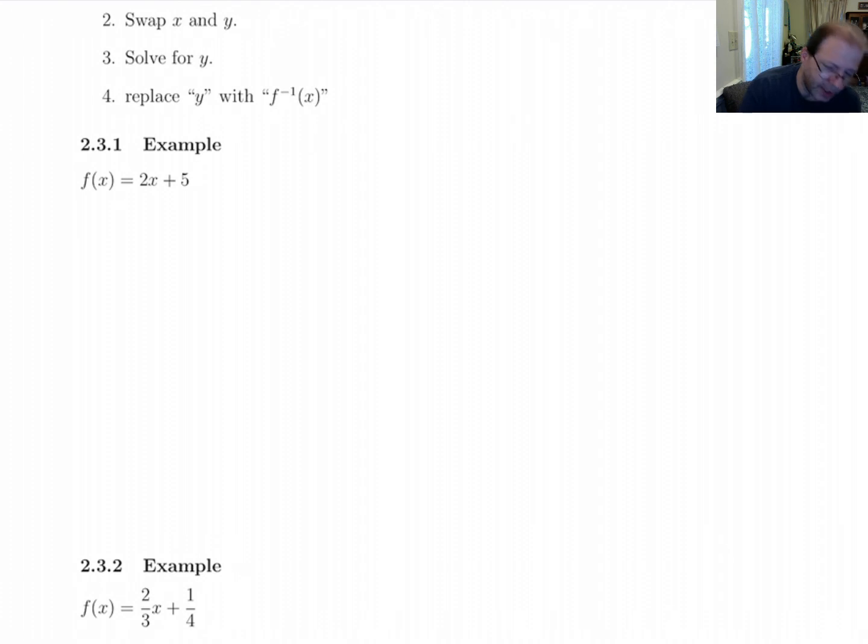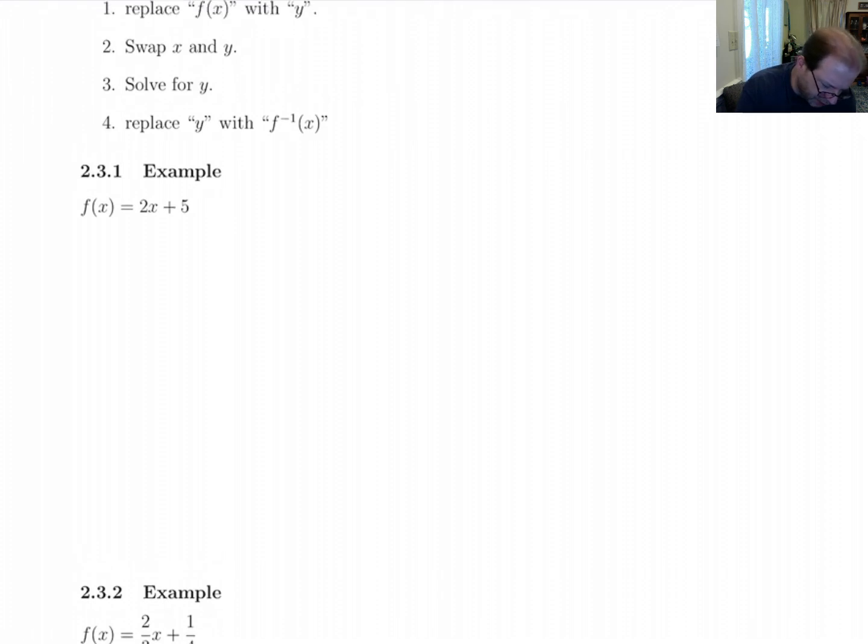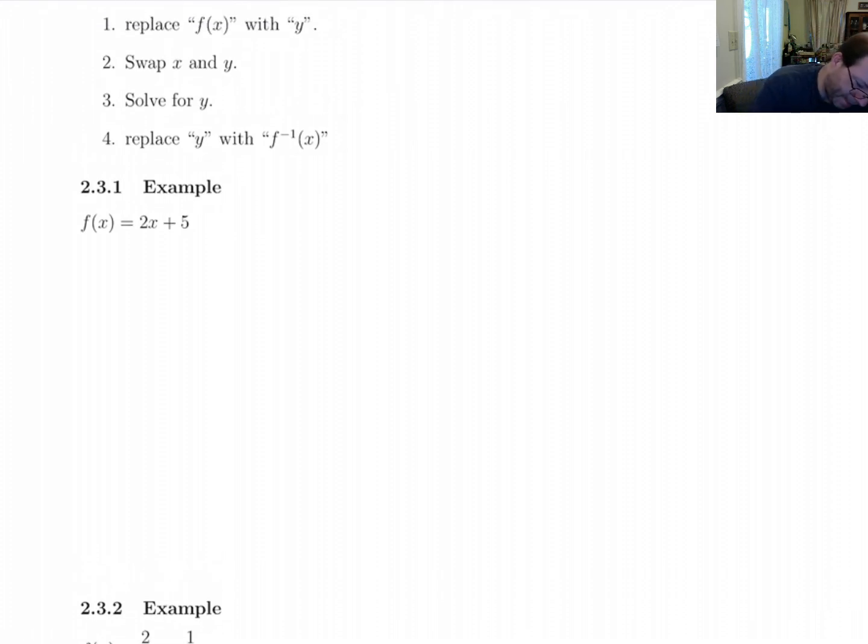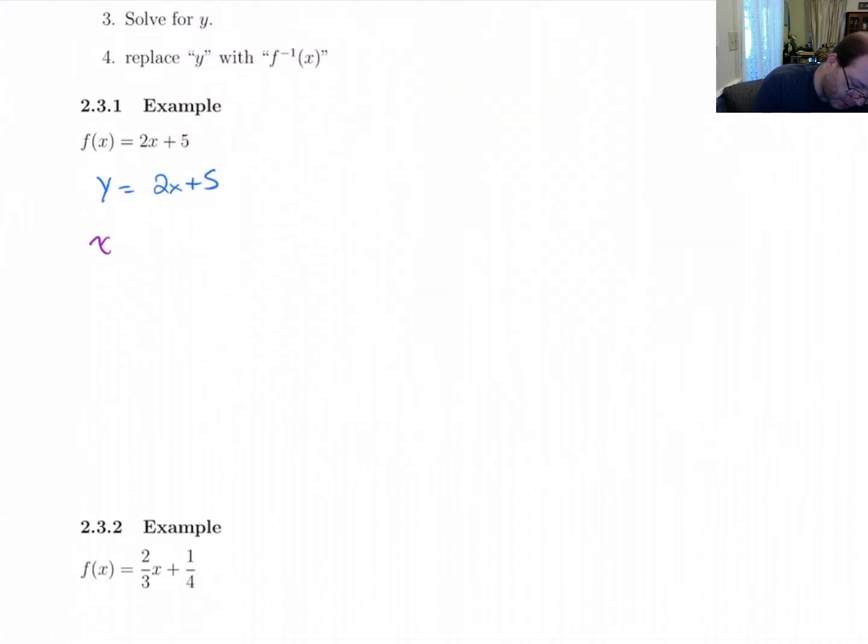f of x equals 2x plus 5. We could probably figure this one out just by reasoning through it, but let's use this method up here. First thing I'm going to do is change this to y equals 2x plus 5. Now I'm going to swap my variables. x is 2y plus 5. I changed color there because the purple is now the inverse. The blue up there was the original function.